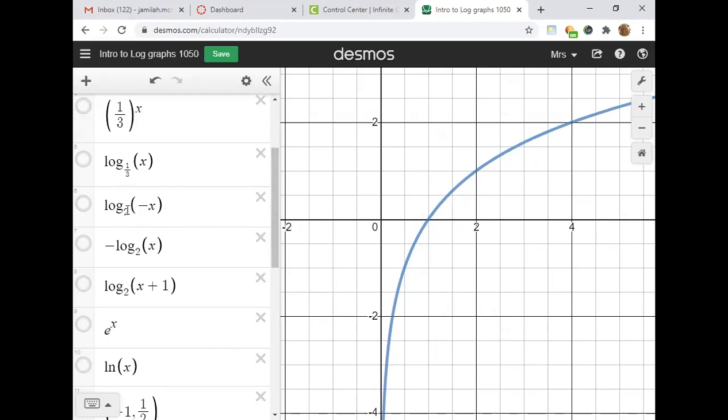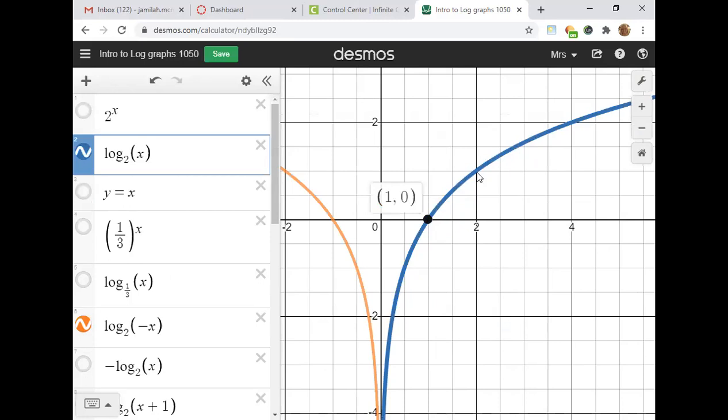Can you predict what the graph is going to look like? Reflect over what? Reflect over y. There it is. So you would take those basic anchor points, 1, 0, sorry, 2, 1, and the 1/2, -1 right here, and you would just flip those over the y-axis.